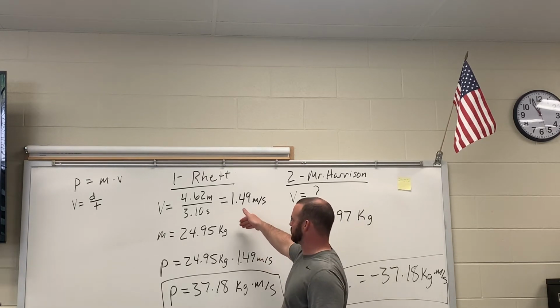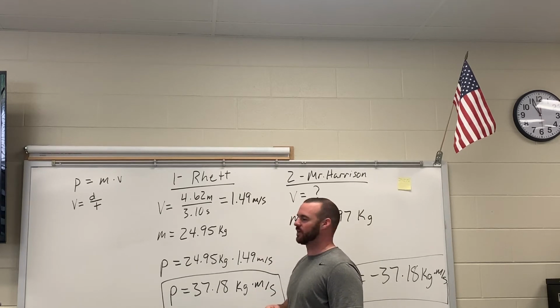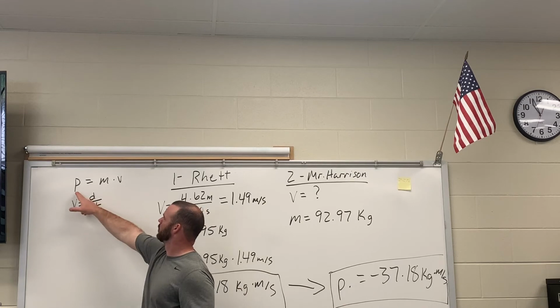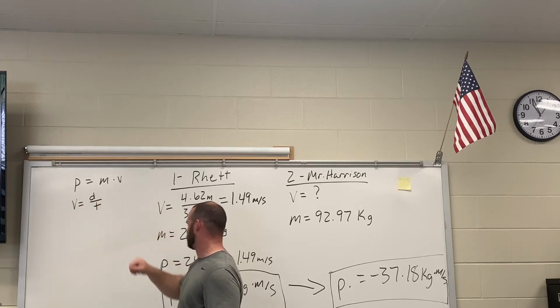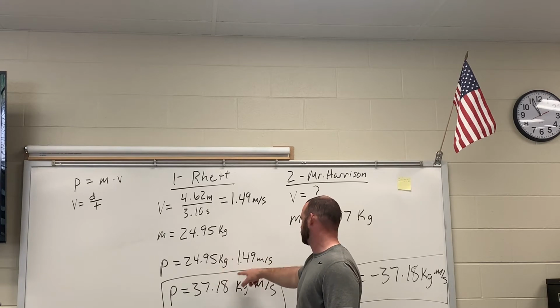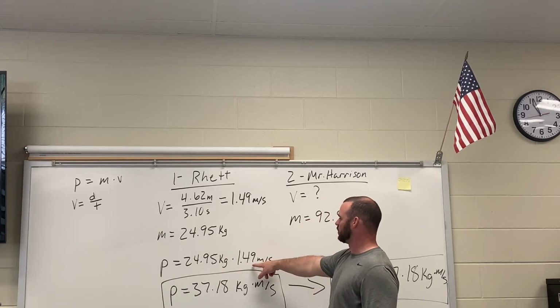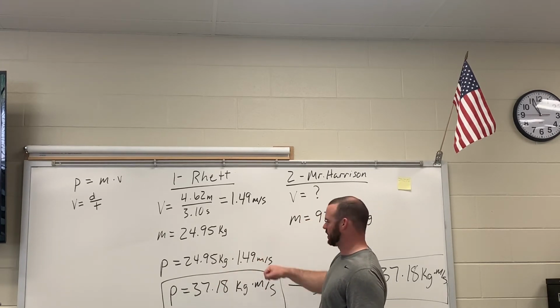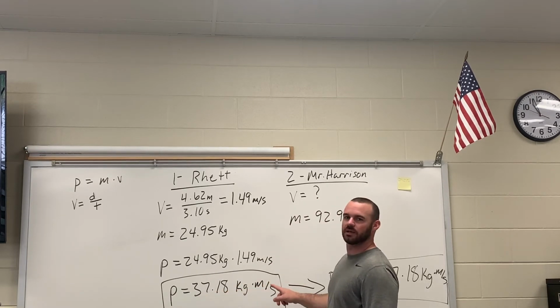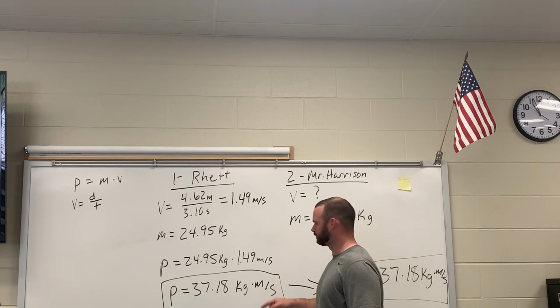And as I said, Rhett's mass is 24.95 kilograms. So to get momentum, remember momentum is mass times velocity. So I did Rhett's mass, 24.95 kilograms, times Rhett's velocity, which was 1.49 meters per second. And that gave me a momentum of 37.18 kilograms meters per second.